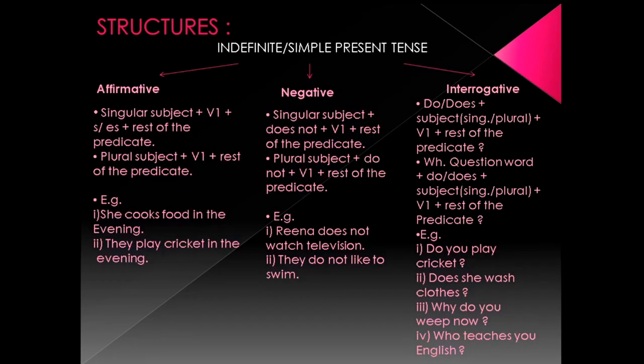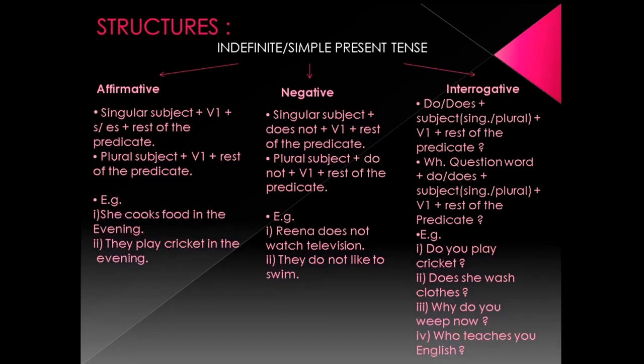Why, when, where, who, how, all these are the WH question words. So you will write that word in the beginning. Always remember, when we are forming a question or interrogative sentence, we will not begin with the subject. You have to begin with the WH question word or the helping verb do or does in simple present tense.